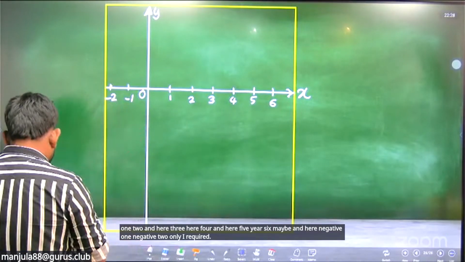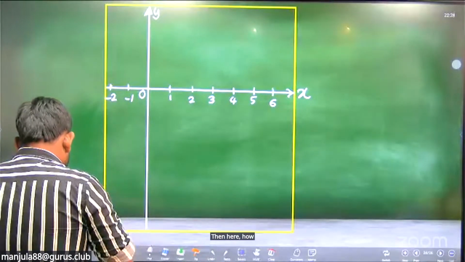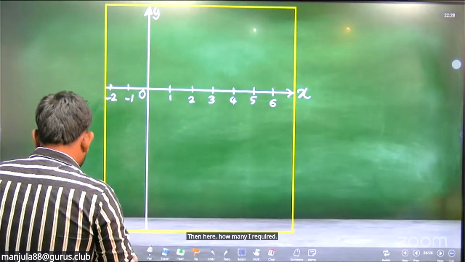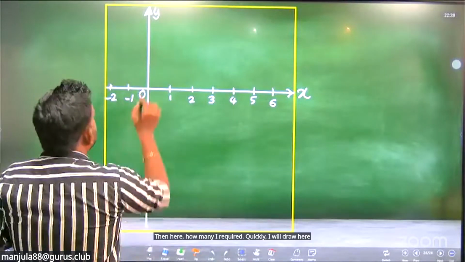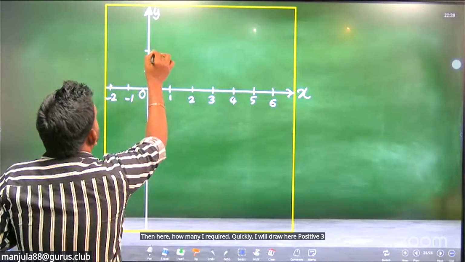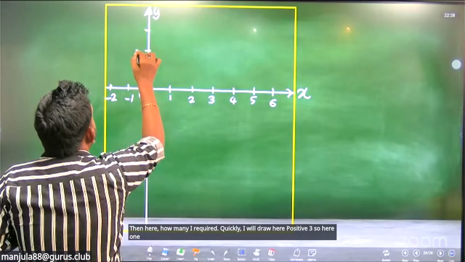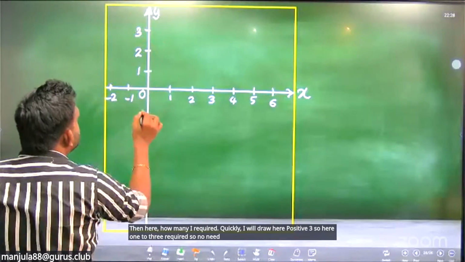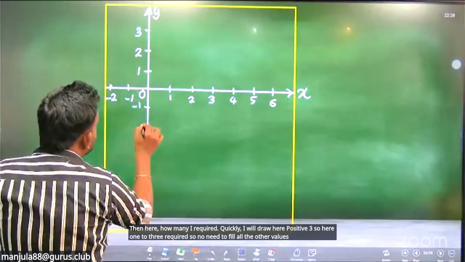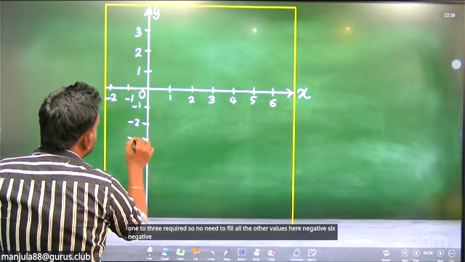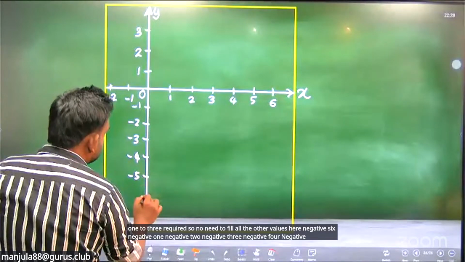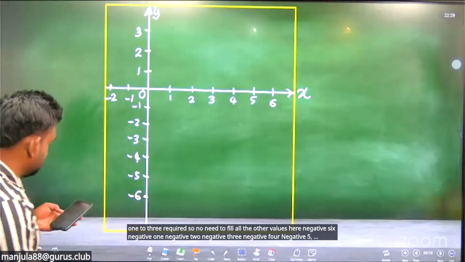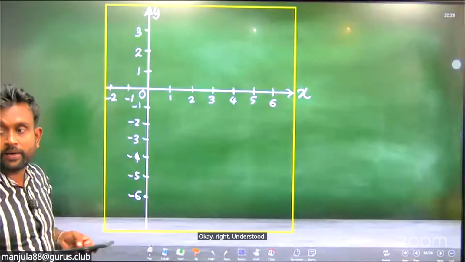On the y-axis, +3, so 1, 2, 3 required. No need to fill all the other values. Here -1, -2, -3, -4, -5, -6. Okay, understood? This is my axis.